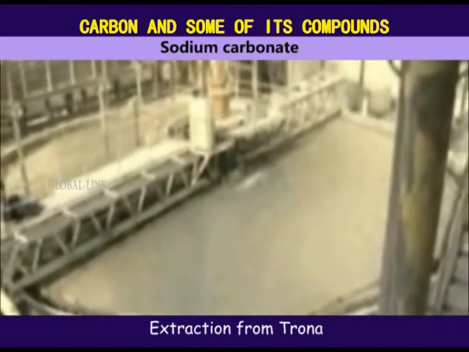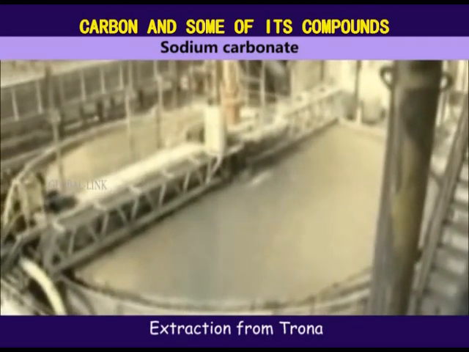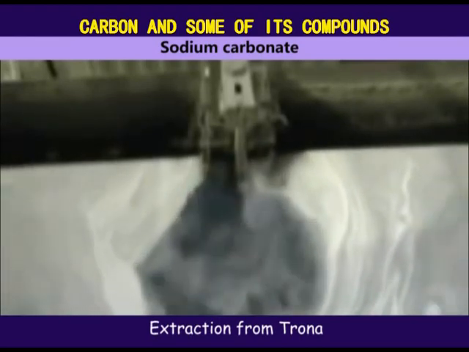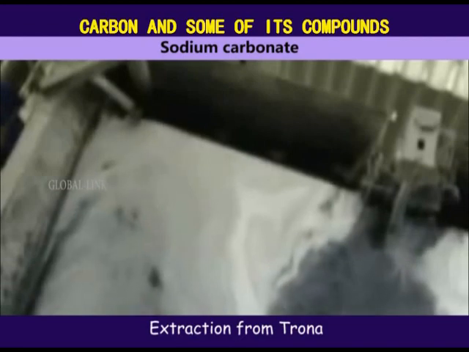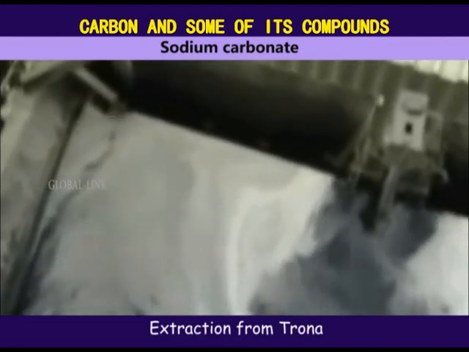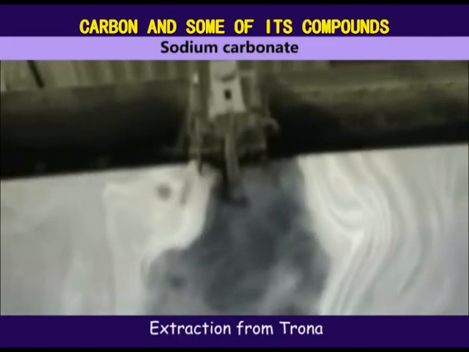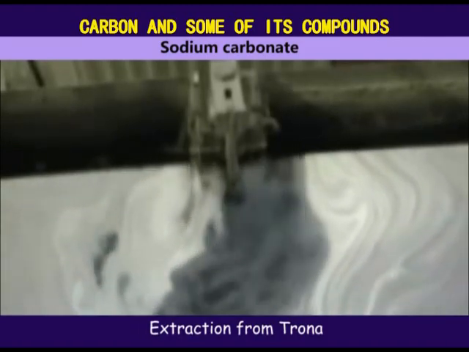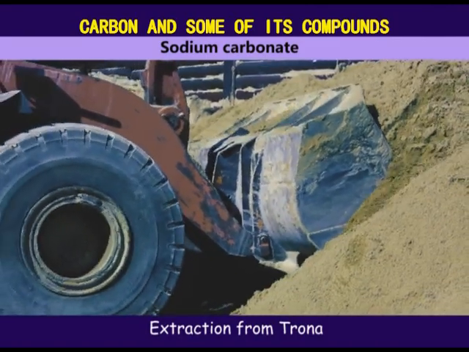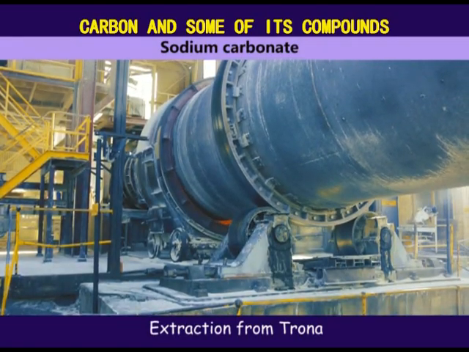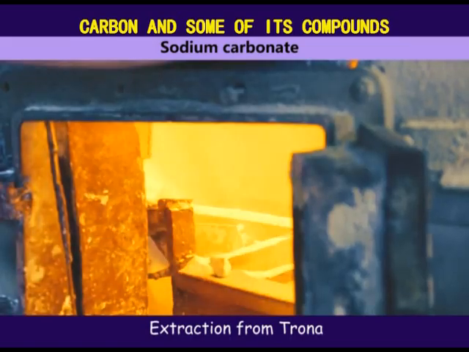At the factory, the crushed trona is mixed with clean water in a washery where mud and small rocks are removed and the lake liquor pumped back into the lake. Wet trona is then centrifuged to remove water and purify it further. The dry crystals are then taken to a kiln or roaster where they are heated at about 300 degrees Celsius.